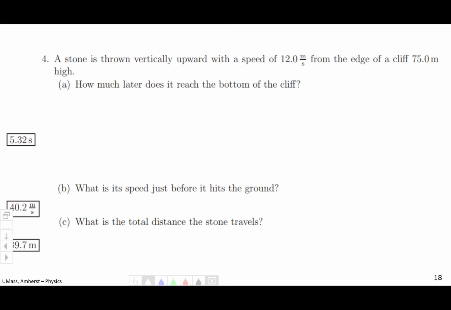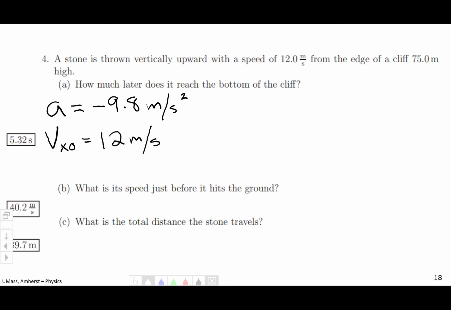So here's what we need to do. Part A is doable, certainly. We are going to identify that we're throwing vertically upward, meaning a is negative 9.8 meters per second squared. Our initial speed, Vx0, is a positive 12 meters per second.